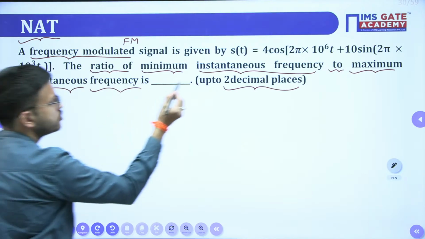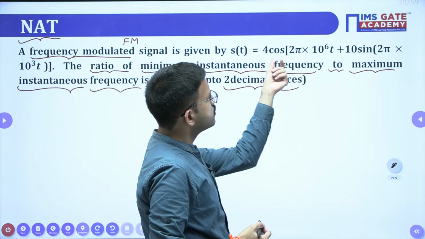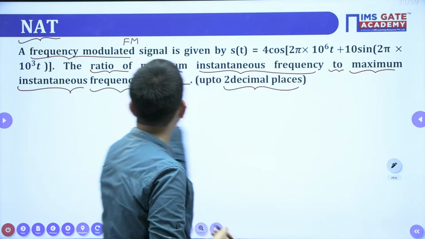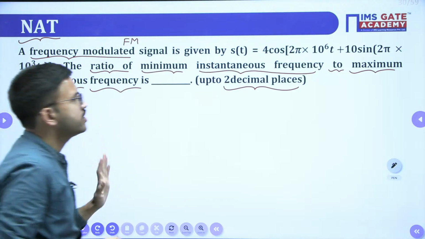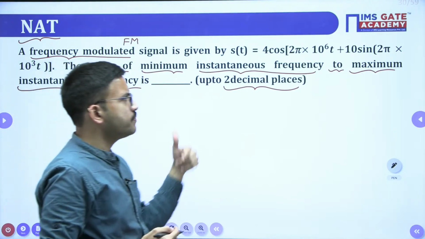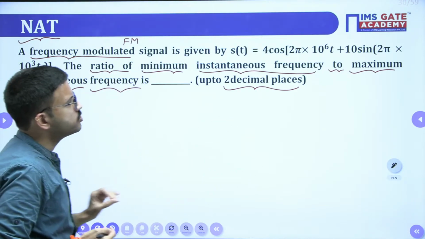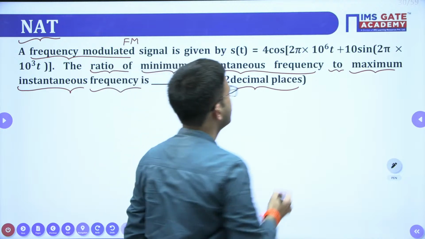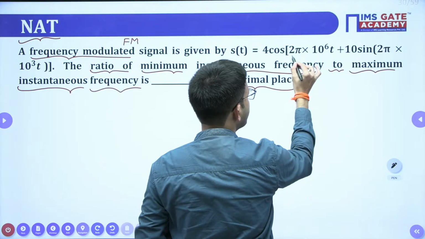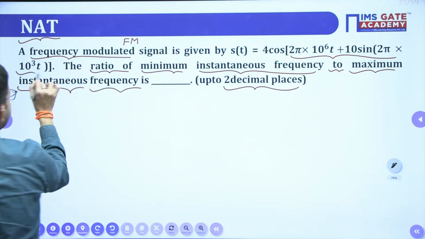Just observe, this is a standard equation: s(t) equals Ac into cos of (2 pi fc t plus beta sin 2 pi fm t). But here the question is not related to the modulation index, the bandwidth, or the power. It is related to instantaneous frequency. So how can you get instantaneous frequency? Whatever the phase angle is, the entire component.